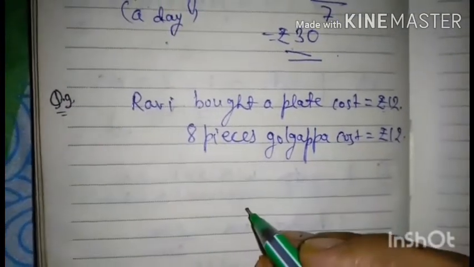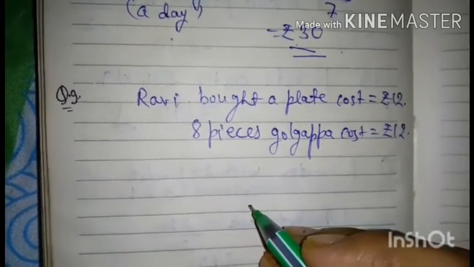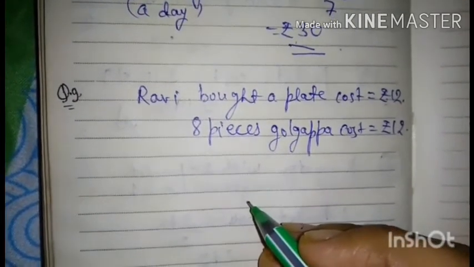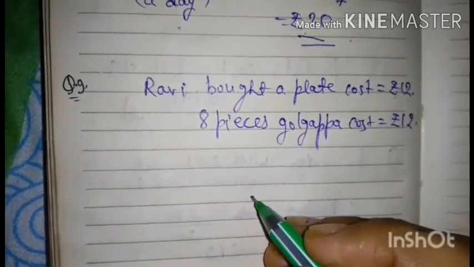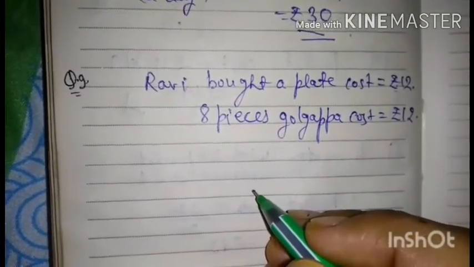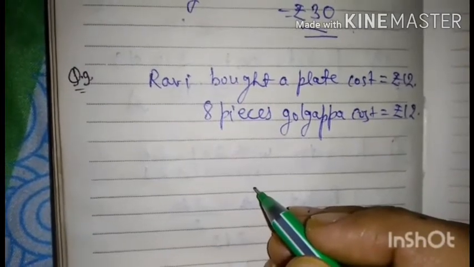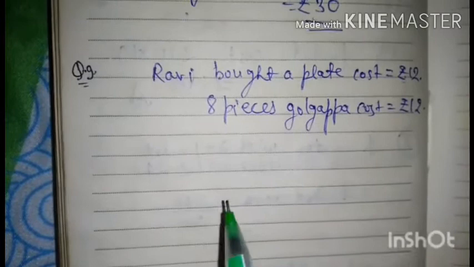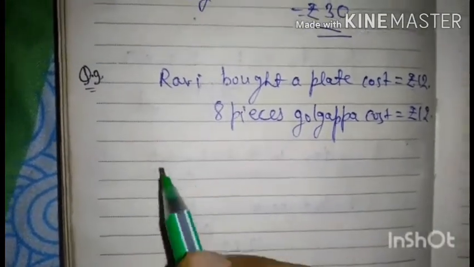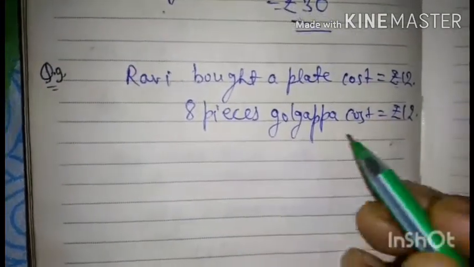Okay. How much would he have to pay for 20 pieces? And how many plates would he have to buy for 20 pieces? First, how much would he have to pay for 20 pieces? For 8 pieces, 12.